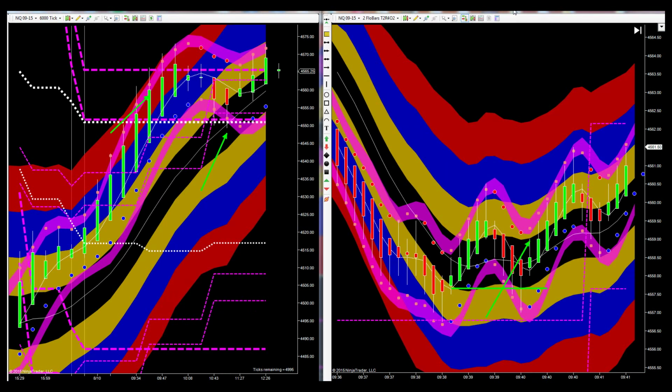Today we're looking at a 6,000 tick chart here on the NQ Futures. This is our left chart. The reason we're choosing such a large chart frame is because we want traders to appreciate the fact that there is a larger picture to what they're learning.